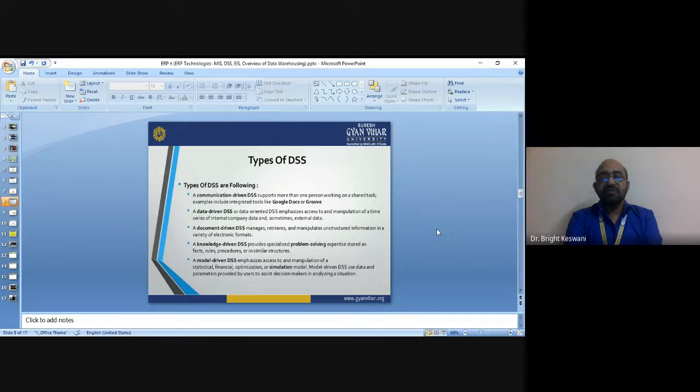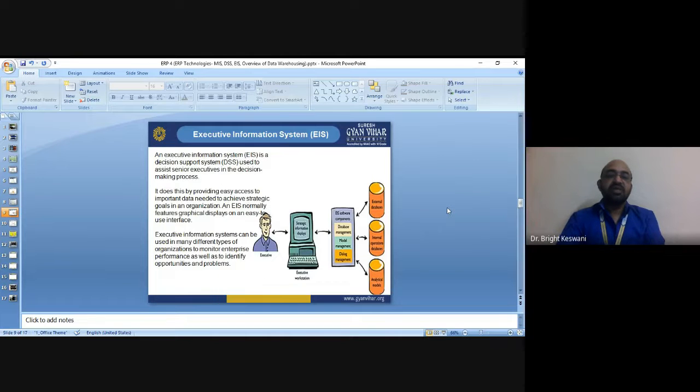Let us talk about the next technology associated with ERP system, that is Executive Information System, EIS. EIS can be considered as a better and sophisticated DSS. So, an executive information system is a decision support system, we can say, used to assist senior executives in the decision making process.